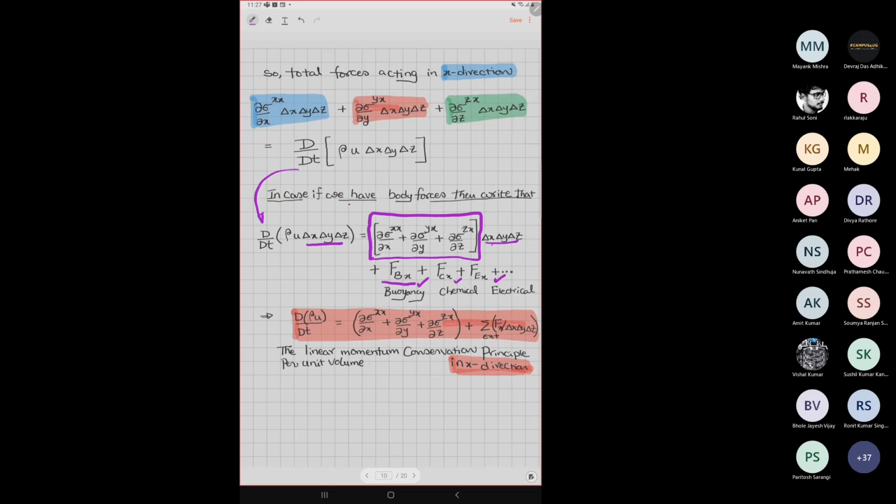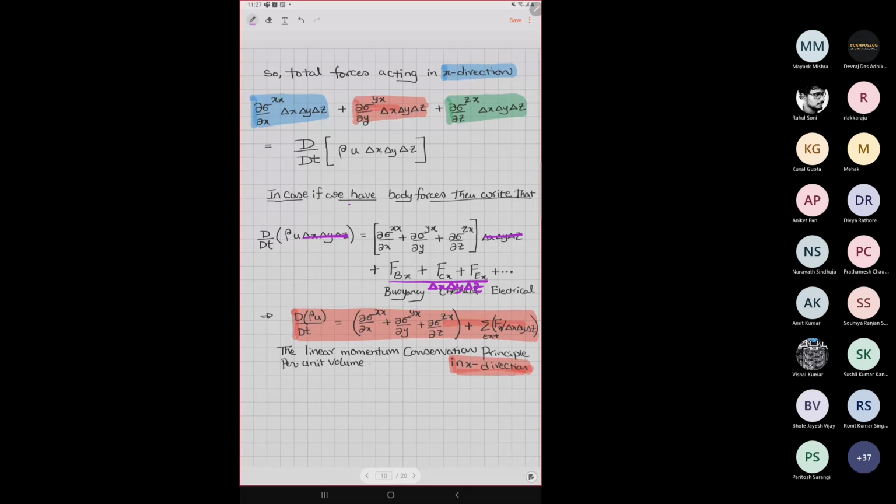To simplify that entire thing, we divide all these forces by delta x, delta y, delta z, and they cancel out.